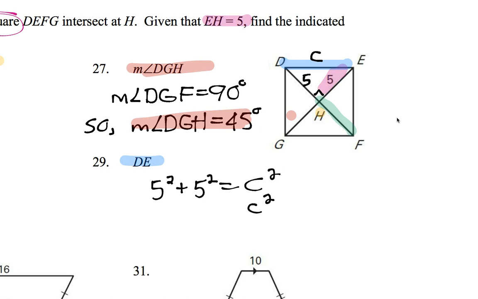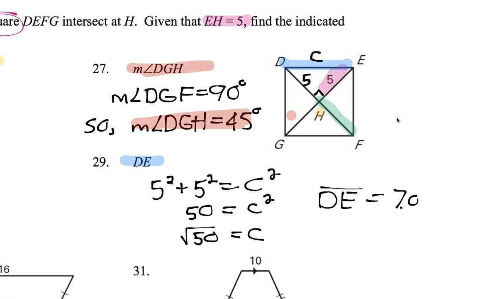So C squared equals 50. So C equals the square root of 50. So DE equals the square root of 50, which is about 7.07.